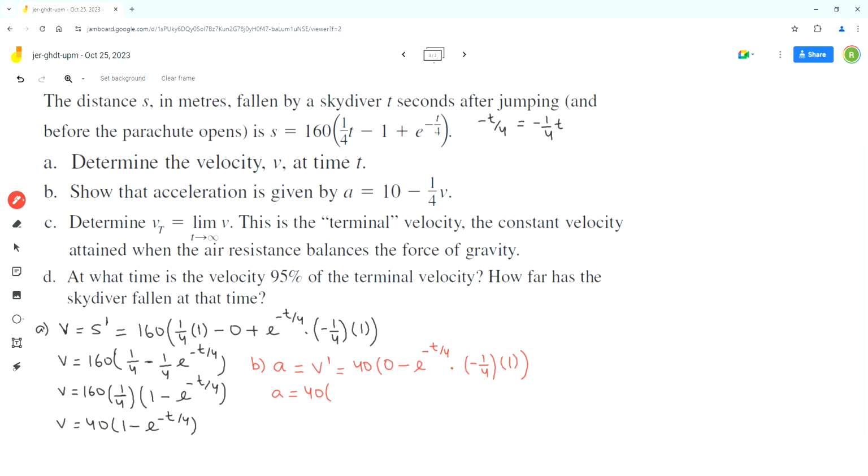Now we can simplify this expression. In the parentheses, the 0 goes away, and negative 1 over 4 times 1 is negative 1 over 4, and then negative 1 over 4 times the negative e term will make the whole term positive.